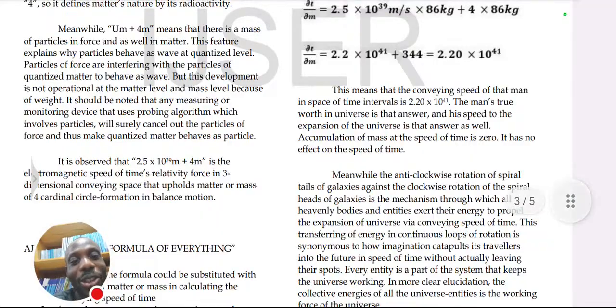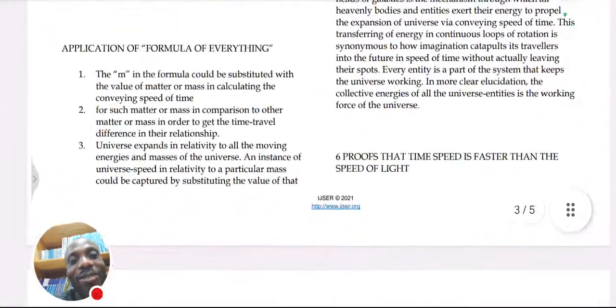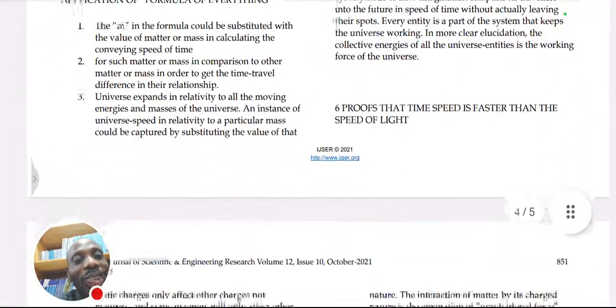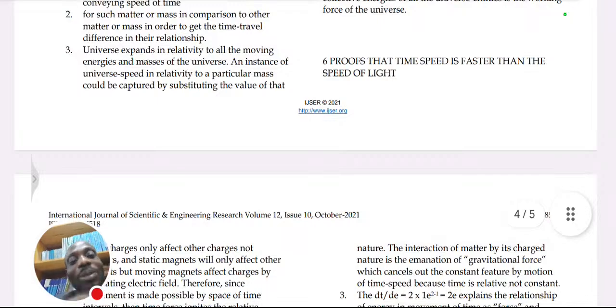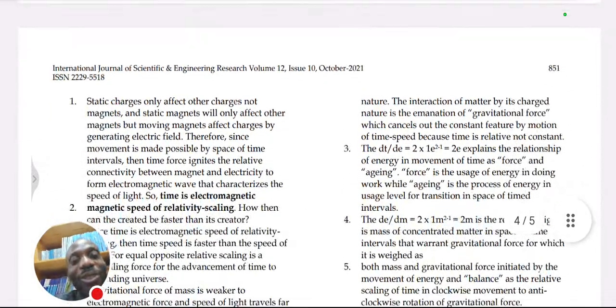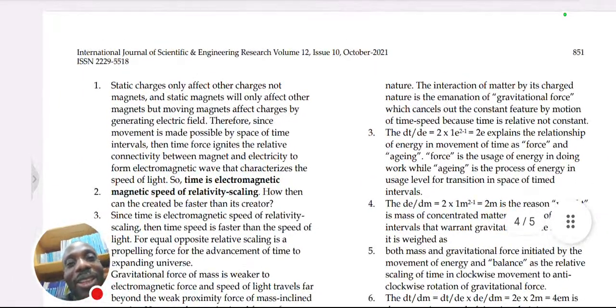So here I have six proofs that time speed is faster than the speed of light. So time speed is instant. I have some proof here. The first one says static charges only affect other charges, not magnets, and static magnets will only affect other magnets, but moving magnets affect charges by generating an electric field.